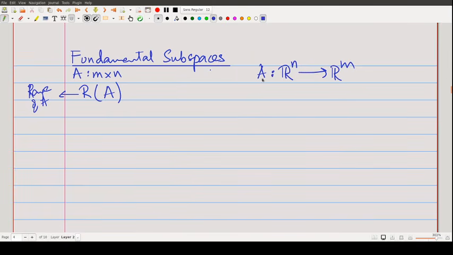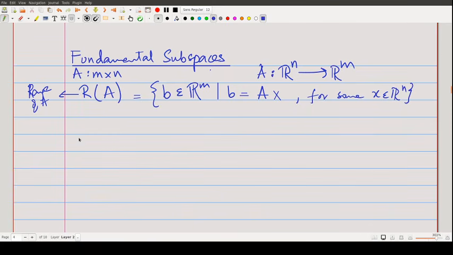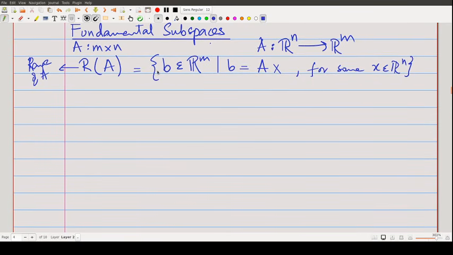And the idea is that the range of this transformation is basically every vector B, so B belongs to Rm. The range will be every possible vector such that B is A times X, for some X belongs to Rn.